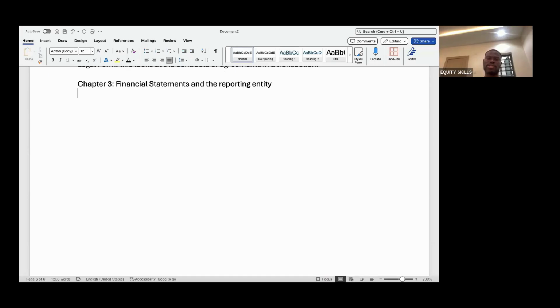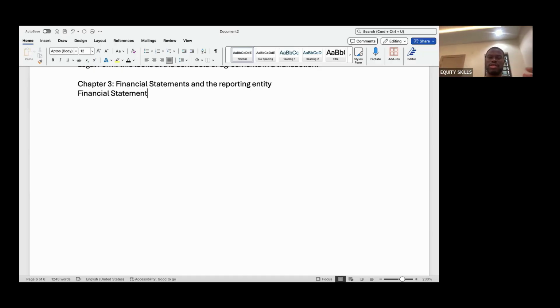Now, chapter 3 talks about financial statements and the reporting entity. So this part, financial statements, is like a repetition of chapter 1 that talks about what a financial statement is.